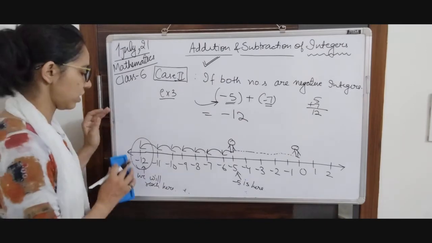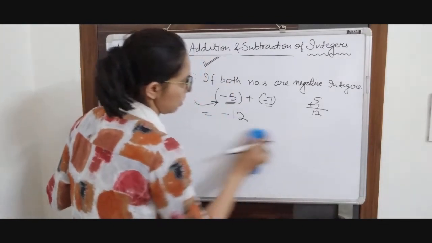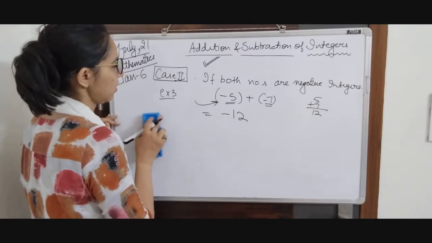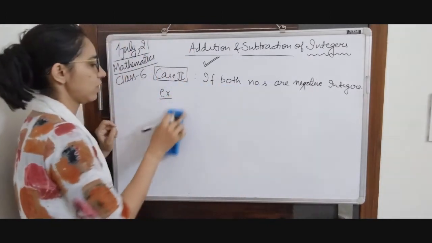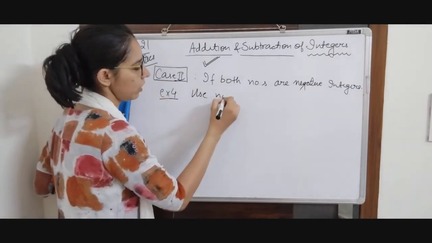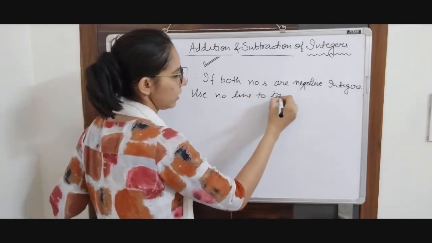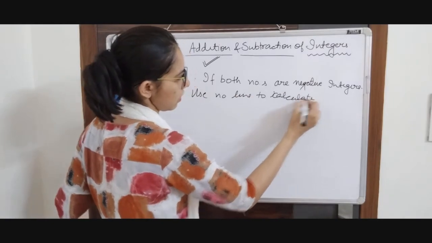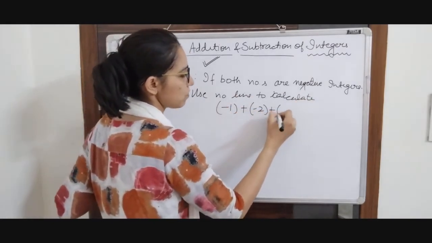So suppose we have three numbers. Okay, we are going to do one more example. Example number 4. We have to use number line only. Use number line to calculate minus 1 plus minus 2 plus minus 3.